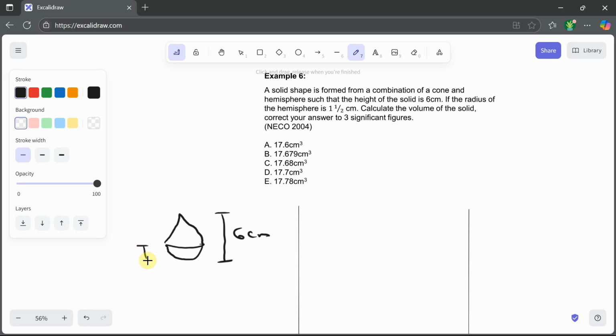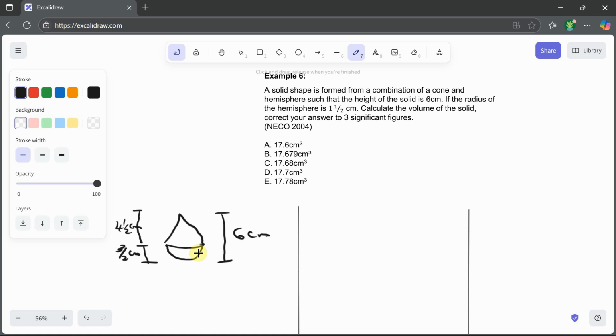So here is 3/2 centimeter, same as 1.5. Then that means that the height of the cone is 4.5 centimeter.